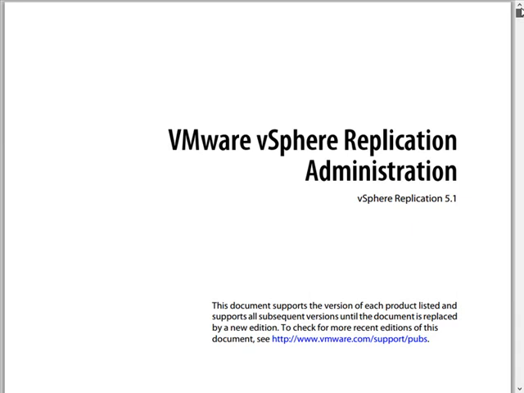You can find it at vmware.com in the support and documentation section. This is what it looks like. Now that you're aware of this guide for reference, let's go over to our vSphere virtual infrastructure and let's actually recover a virtual machine using vSphere 5.1 and the vSphere replication feature.